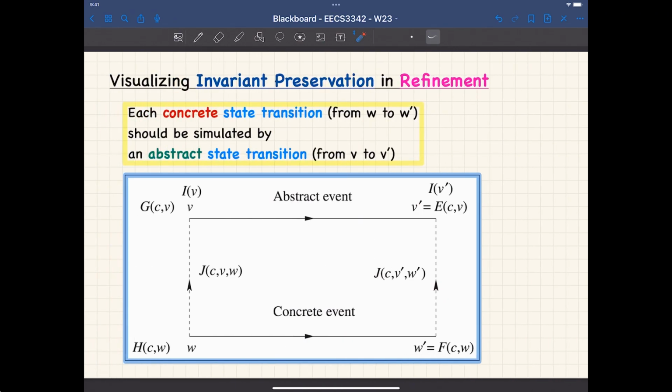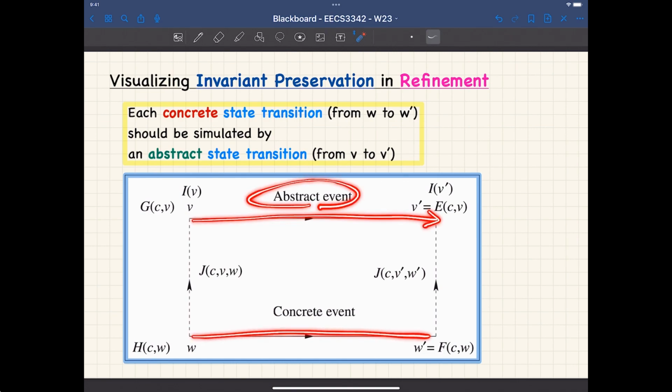There we go, over here. Let's understand these two parts, right? I want you to pay attention to this direction here and this direction over here. Okay, these two first. So this one here is at the abstract model. And this part is about making a decision at a concrete model. Okay?